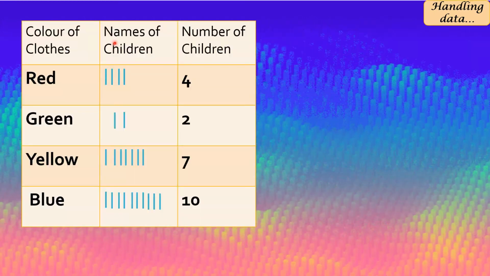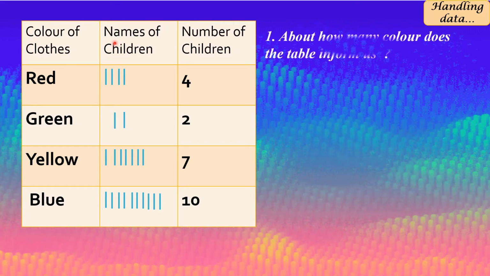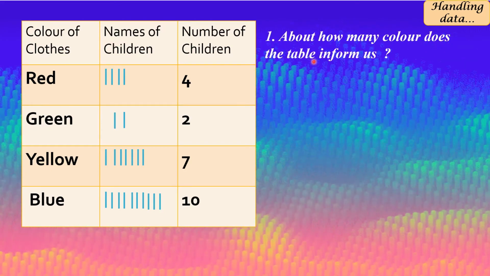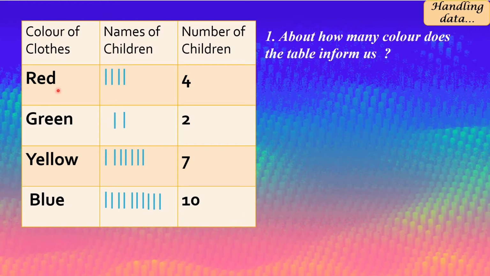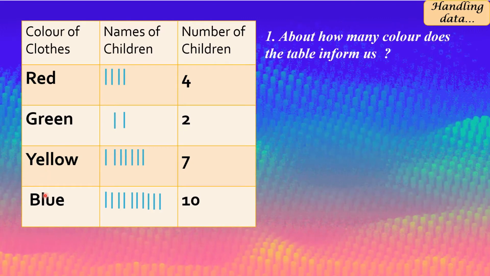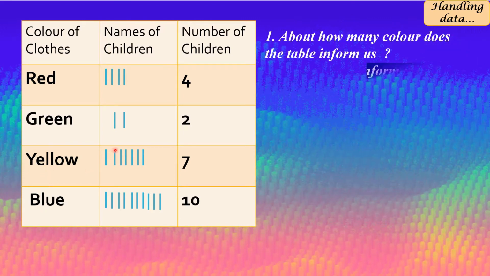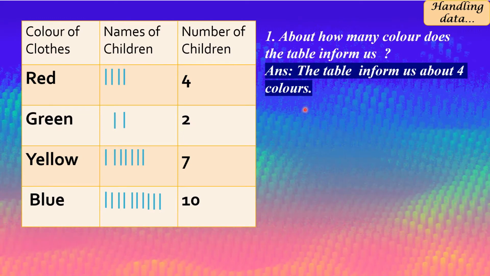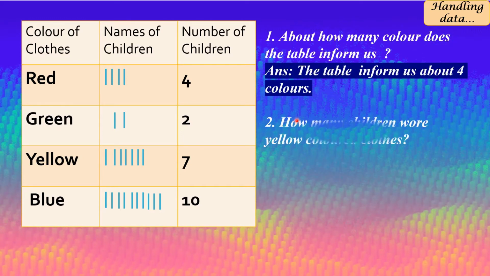So students, here is another example for you now. About how many colors does the table inform us? Students, how many colors? Yes, the red, green, yellow and the blue. So the table informs us about 4 colors. Now the next question.